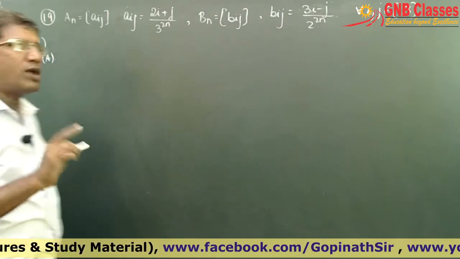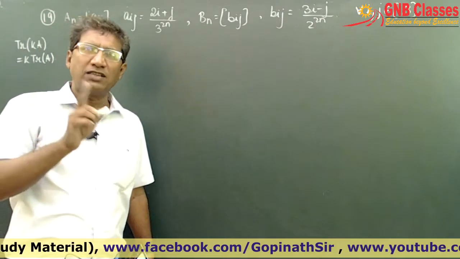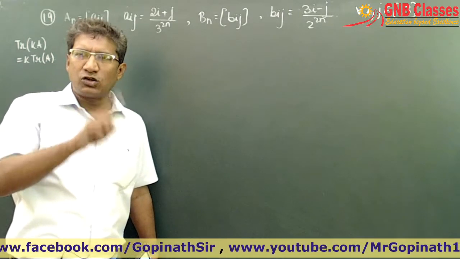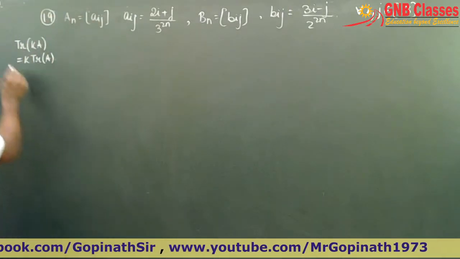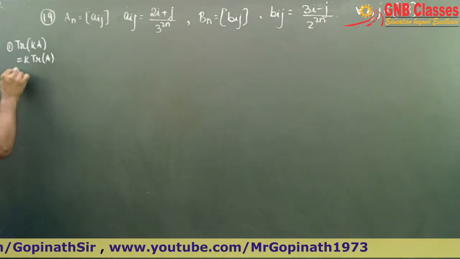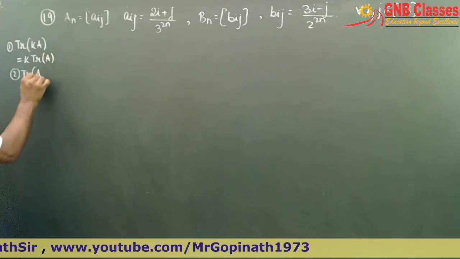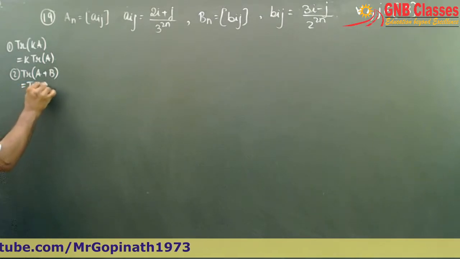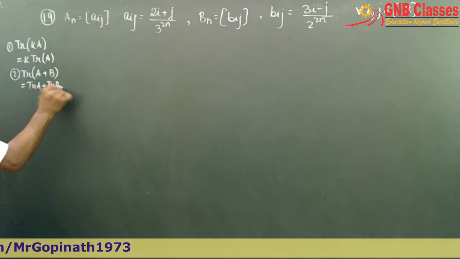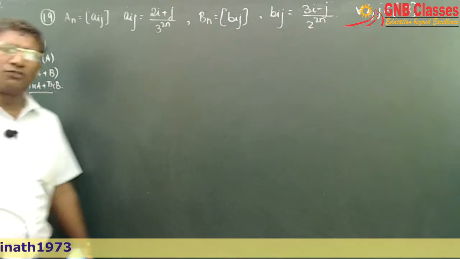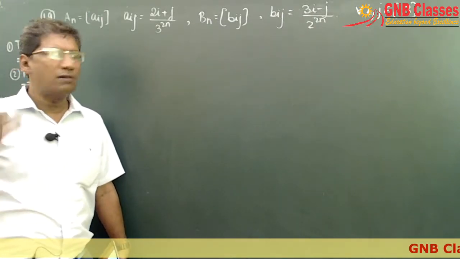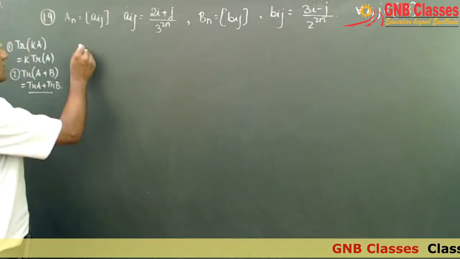That is, the scalar k comes out and it becomes k times trace A. And number 2, trace of (A plus B) is nothing but trace of A plus trace of B. So these are the two formulae that we have already learned in our matrix chapter.